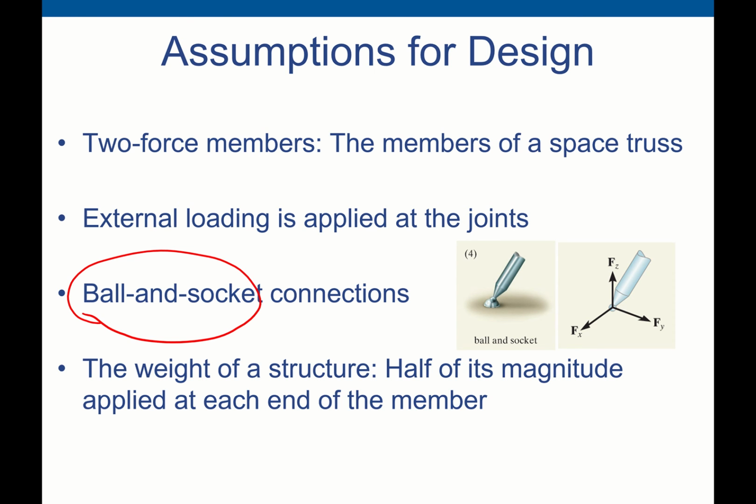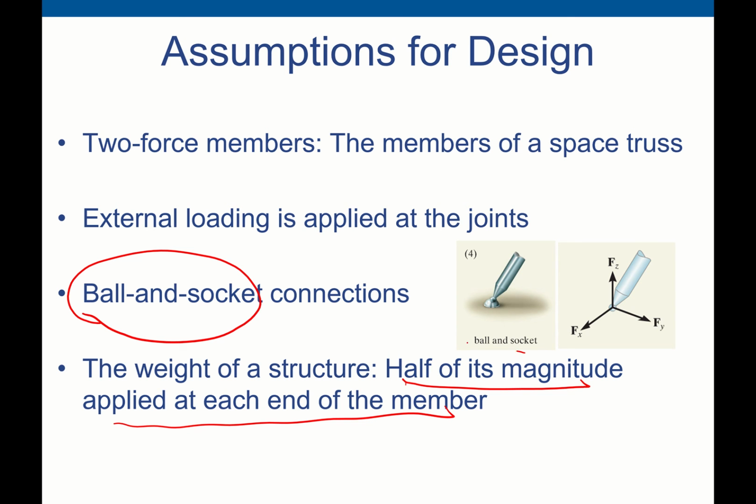If the structure has a weight, obviously in our problems we assume that there is no weight, but there is a weight in rare cases. So in that case, we can apply half of the weight at each side of the joint. Okay, so half of the magnitude is applied at each end of the member.